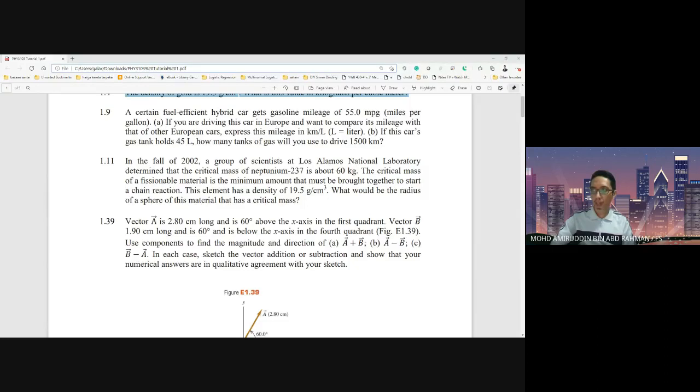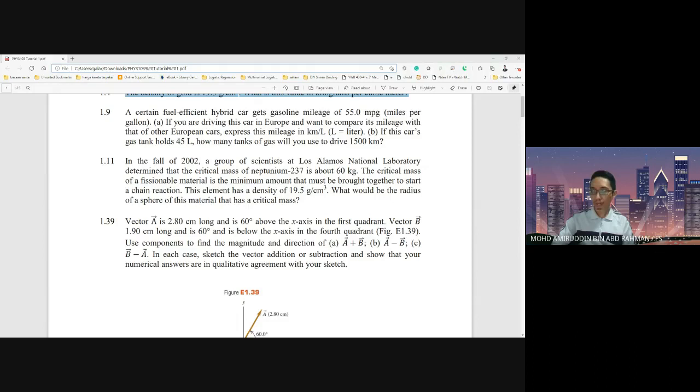So we move to B. If this car's gas tank holds 45 liters, how many tanks of gas will you use to drive 1500 kilometers? You already know the mileage, 23.36.